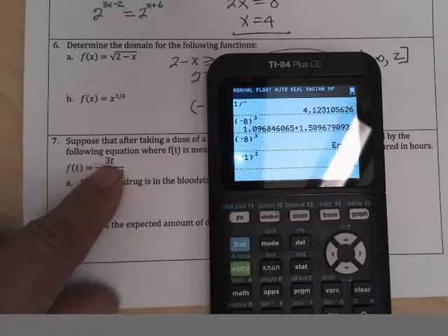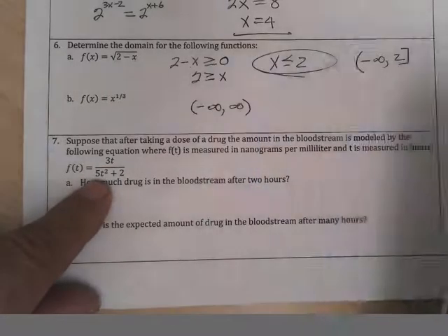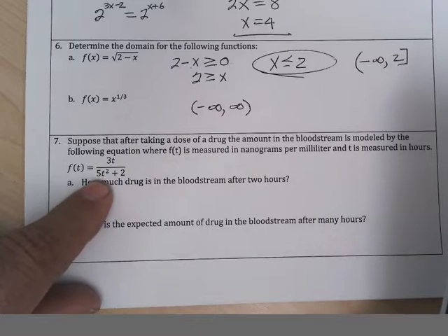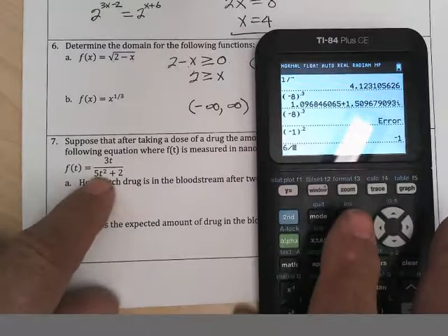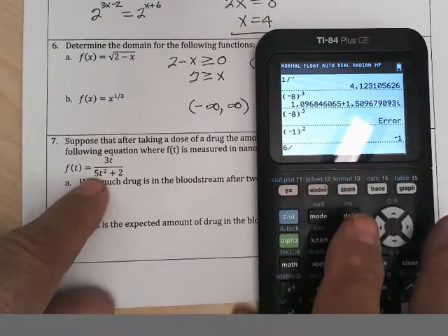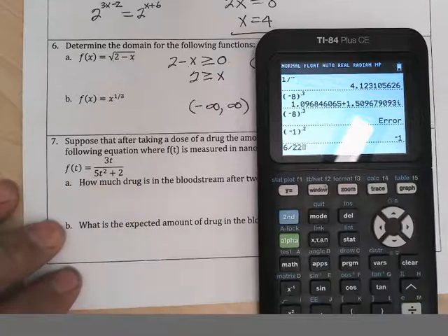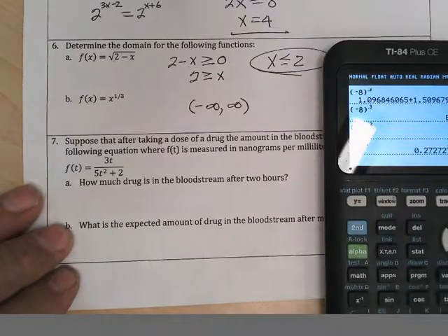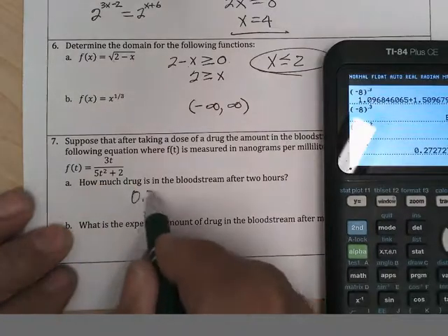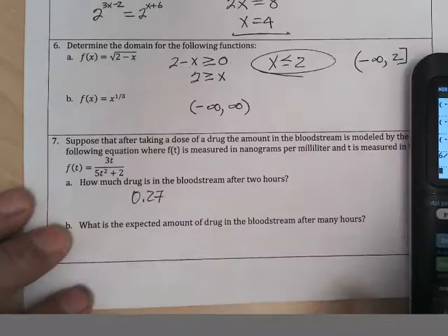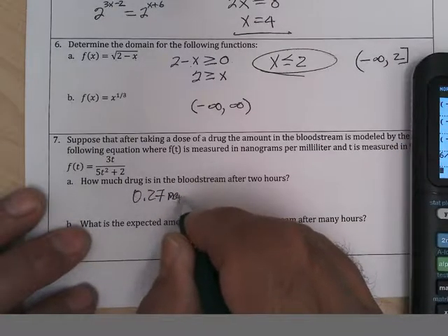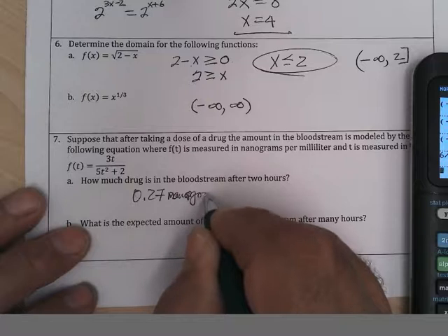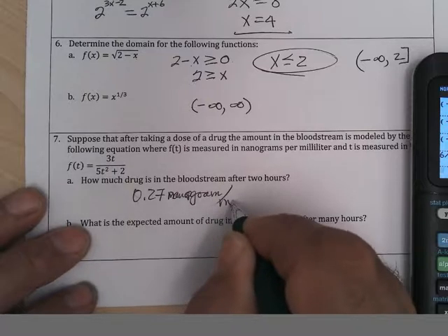So 3 times 2 is 6, divided by, in 2 hours, 2 squared is 4 times 5 is 20 plus 2, divided by 22, which is 0.27 nanograms per milliliter.